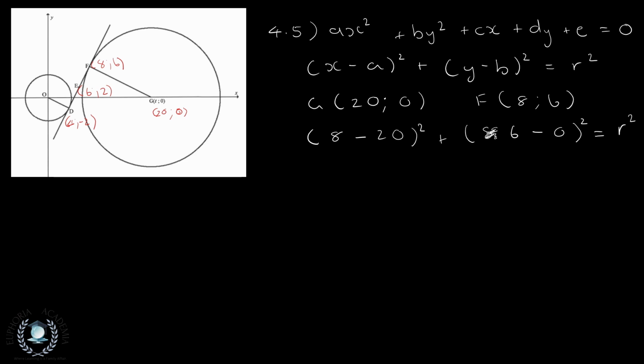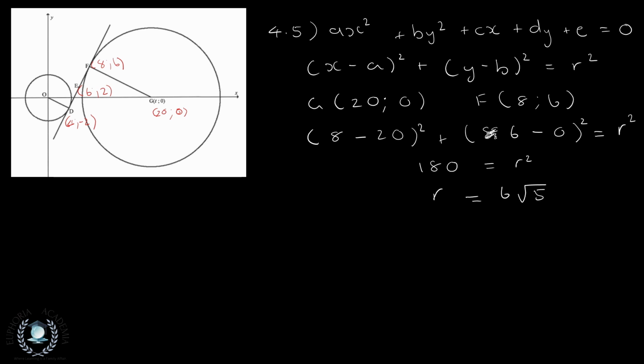When you put the left hand side in your calculator, you will find that r squared is equal to 180, and conversely the radius is equal to 6 multiplied by the square root of 5.